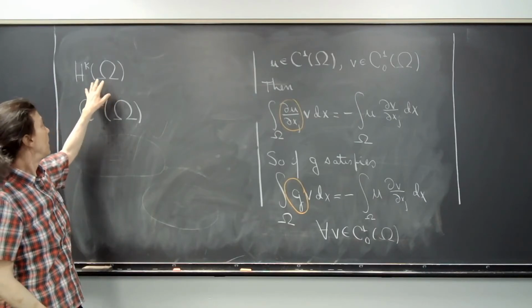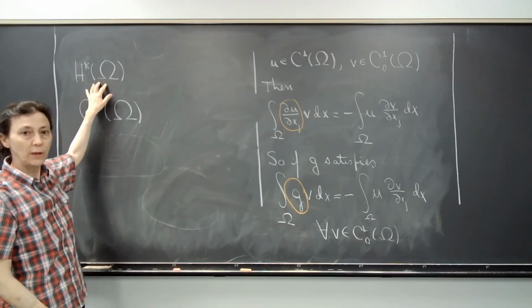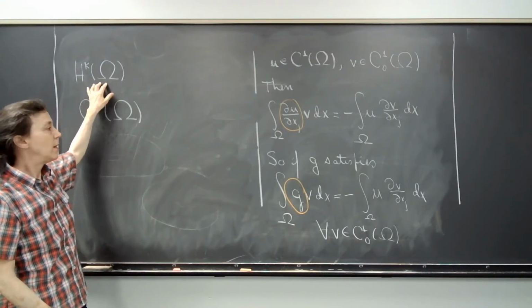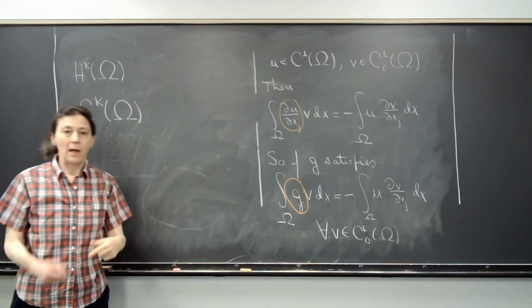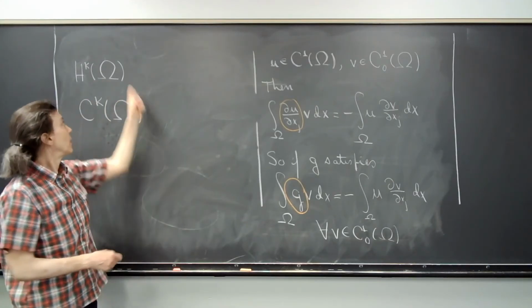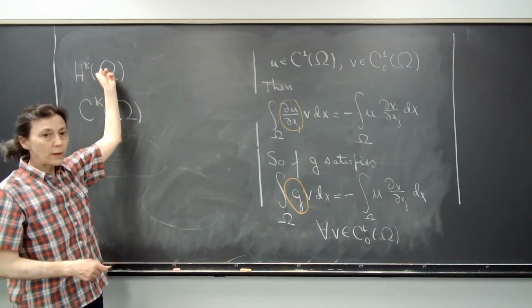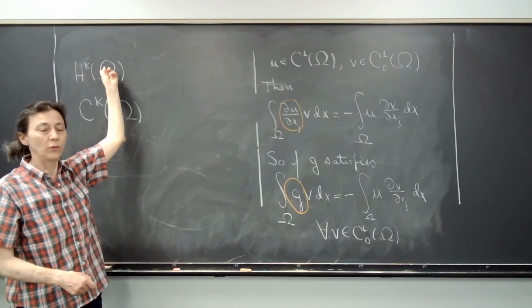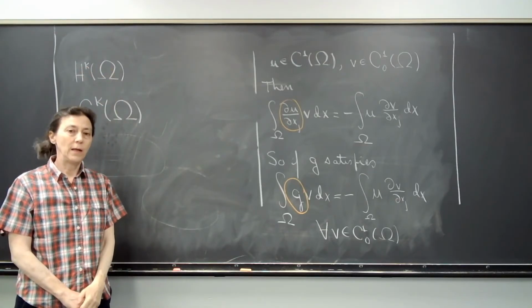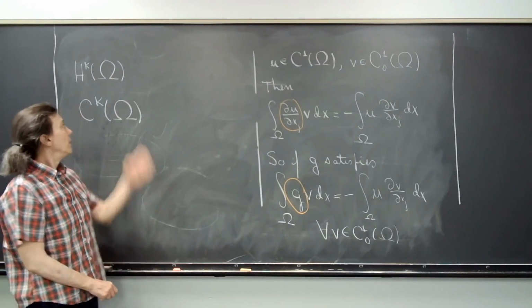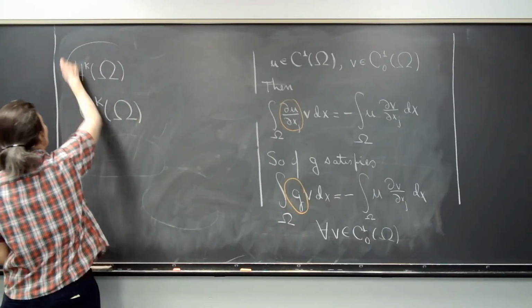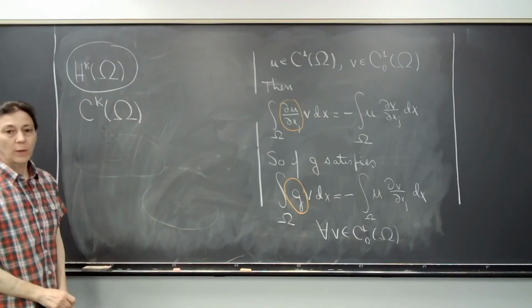To qualify to be in the function space HK, U and all of its weak derivatives up to order K lie in L2. That's the space HK, called a Sobolev space.